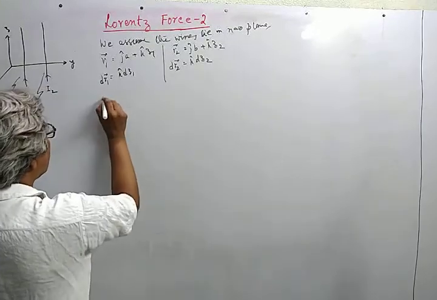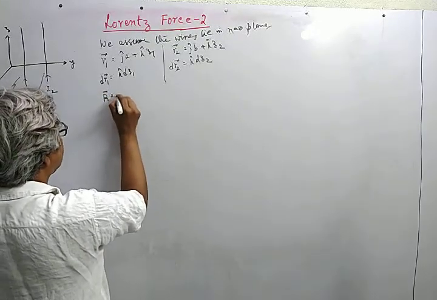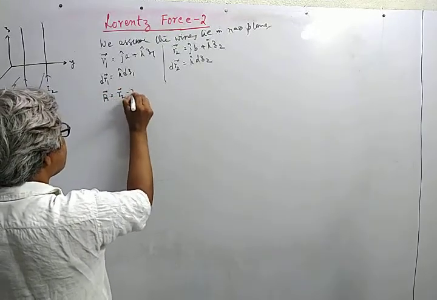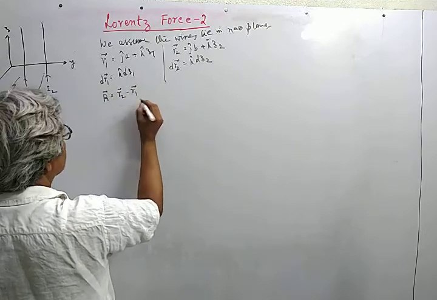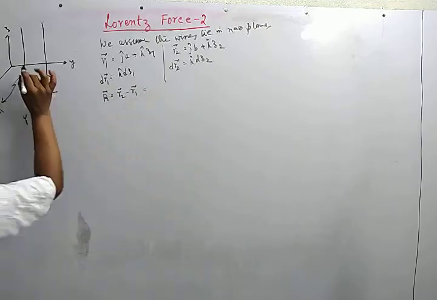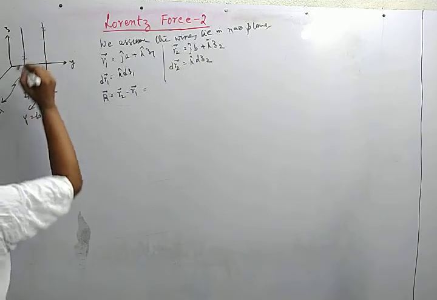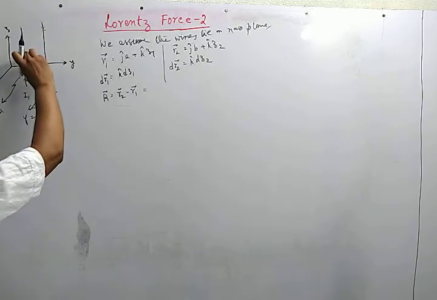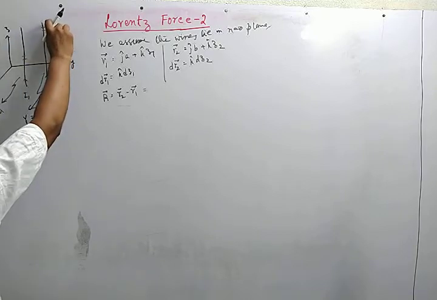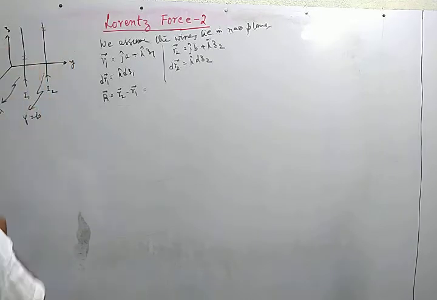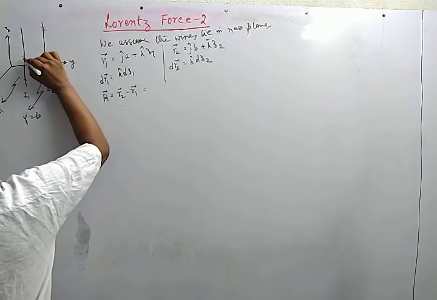and r is the position vector. So we consider this much is z1 and this is dz1, this is z2 and this is dz2. So the r is this one.